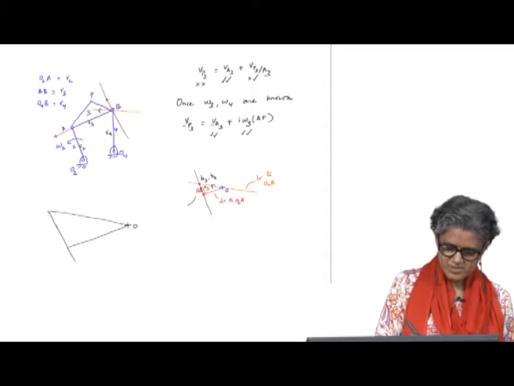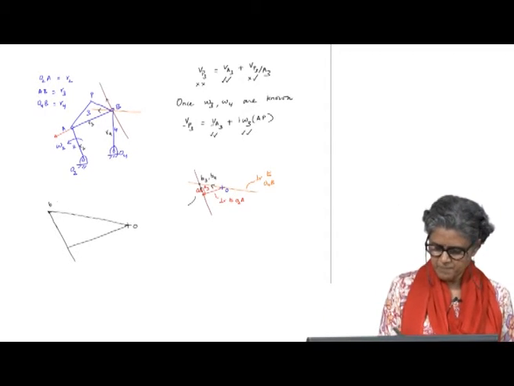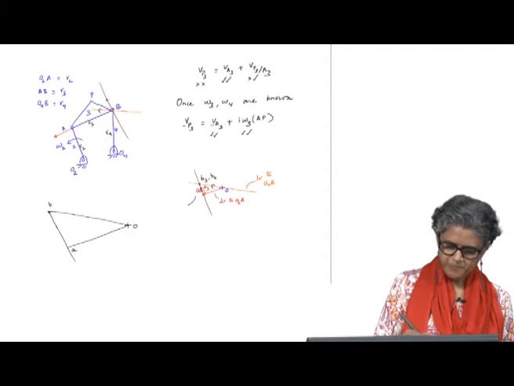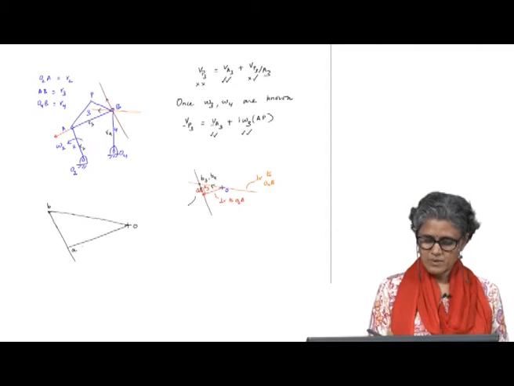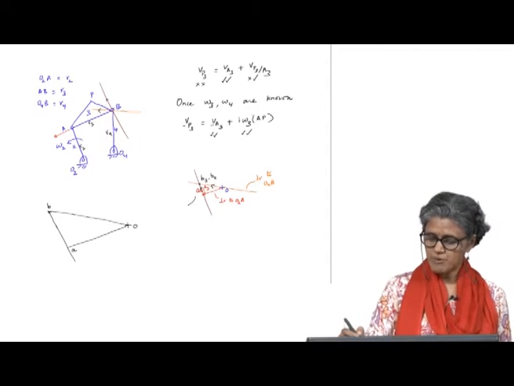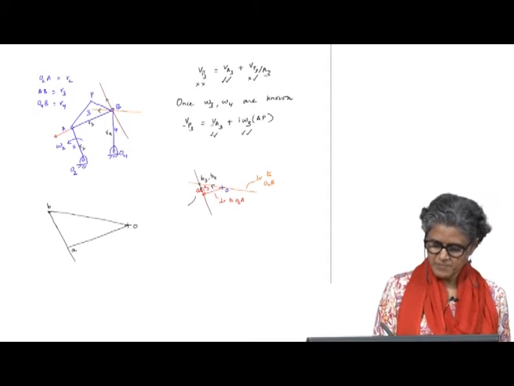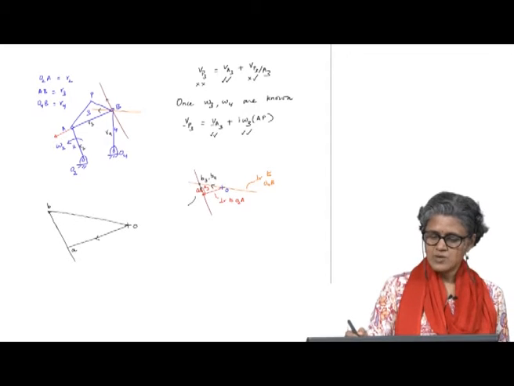So, this is my B, this is my A. Okay. So, now if I want to find the velocity of P, I have the velocity of A plus what would be the direction of this one?